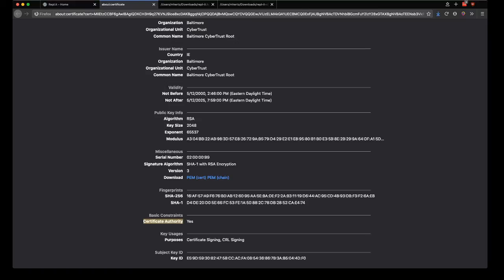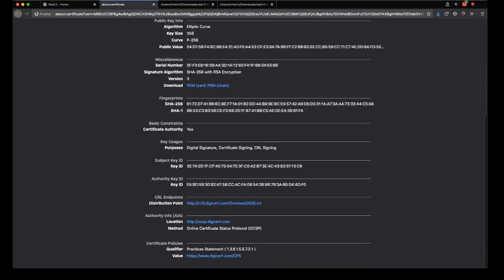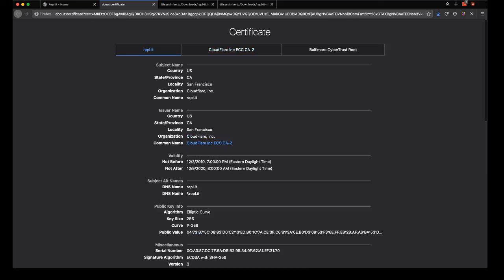And so it can issue a certificate to Cloudflare. And then Cloudflare will turn around and use that ability to issue a certificate and sign the certificate from Replit. So we're going to trust the Replit certificate because we trust Cloudflare. We trust Cloudflare because we trust that Baltimore Cyber Trust Root.